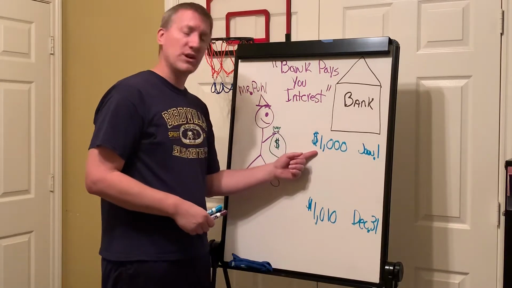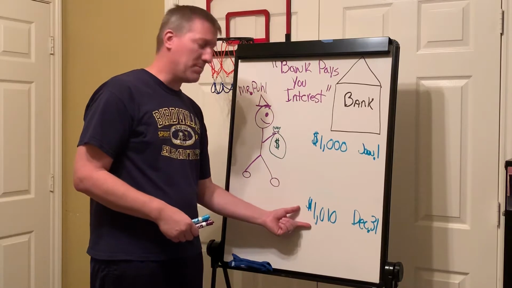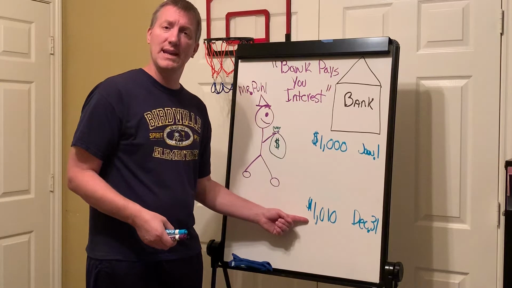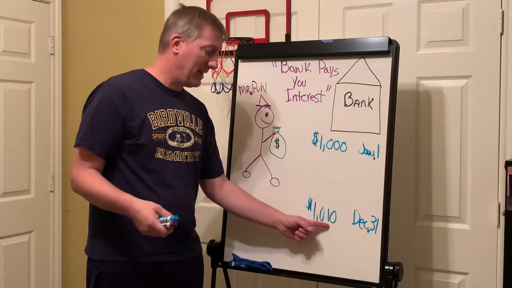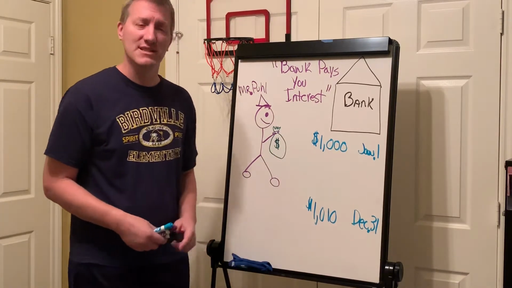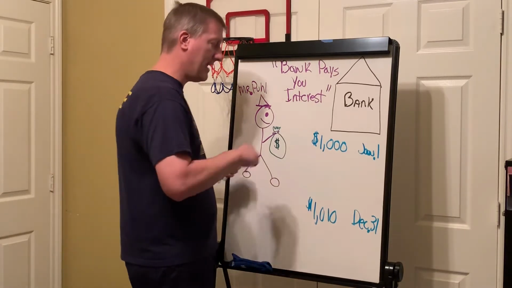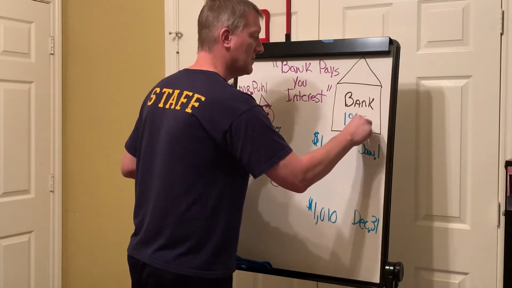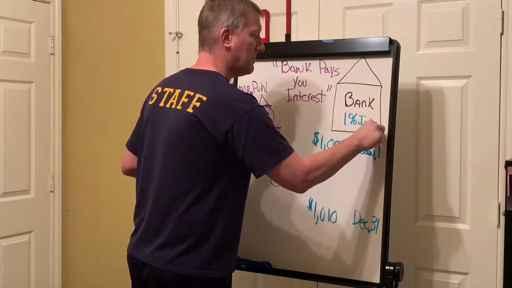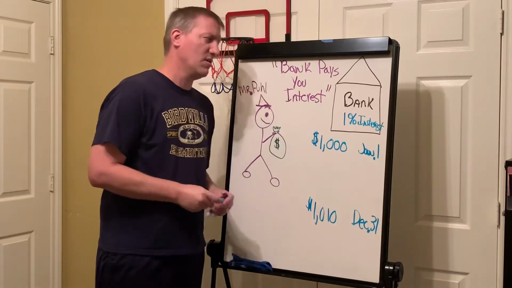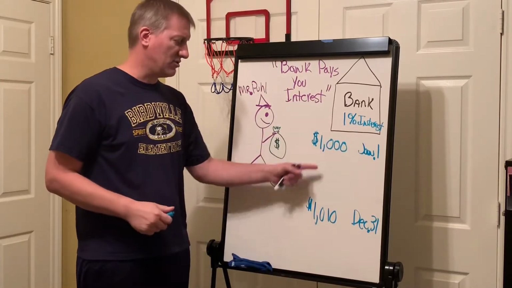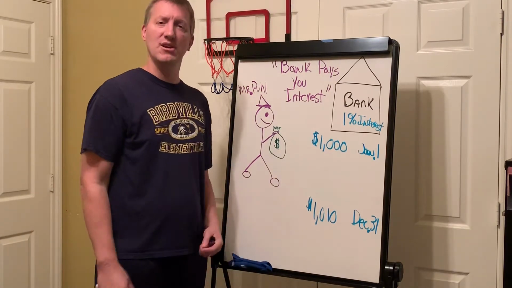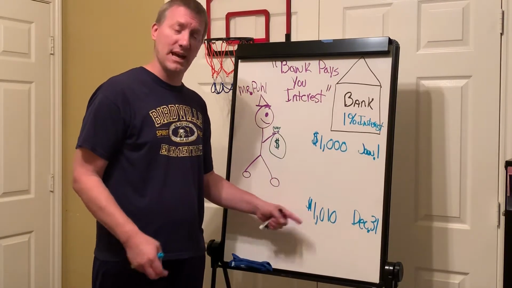For keeping your money in there, the bank uses your money, and when you go to get it out, your money's still there, but it has earned interest. So I earned $10. That would be 1% interest, which is about the interest rate right now. If they paid me 1% interest, I would get $10 extra at the end of the year, besides the money I have.